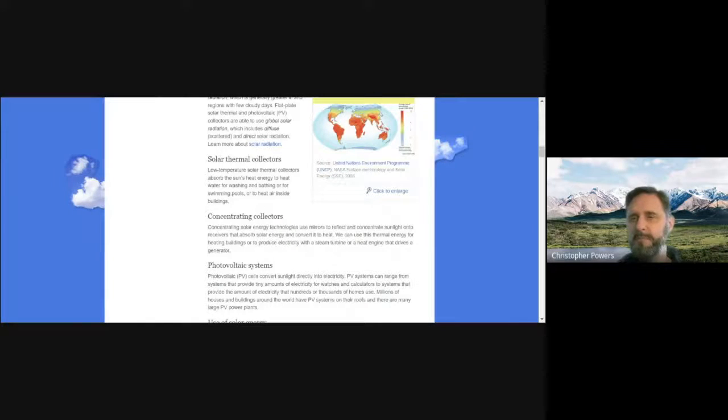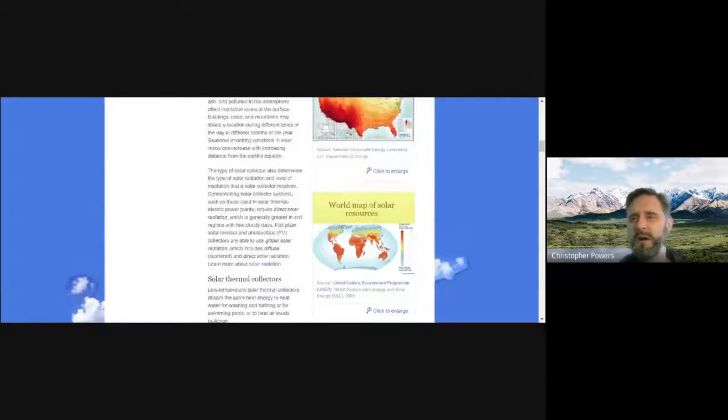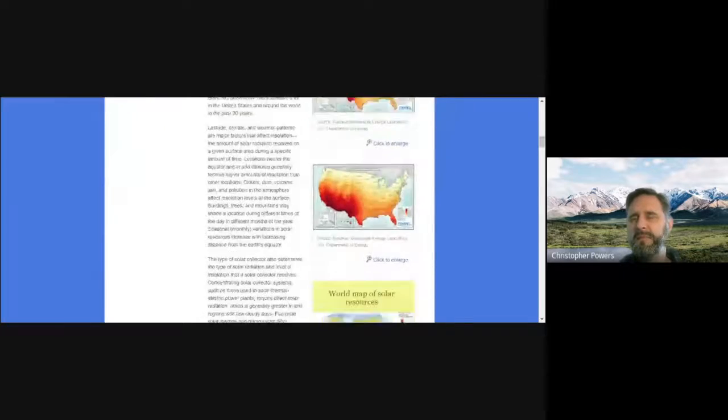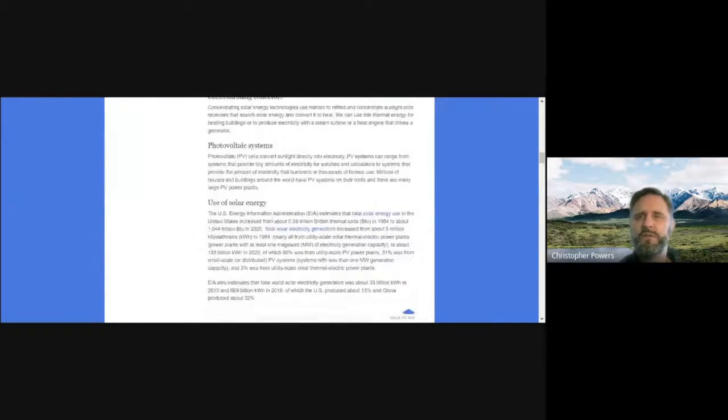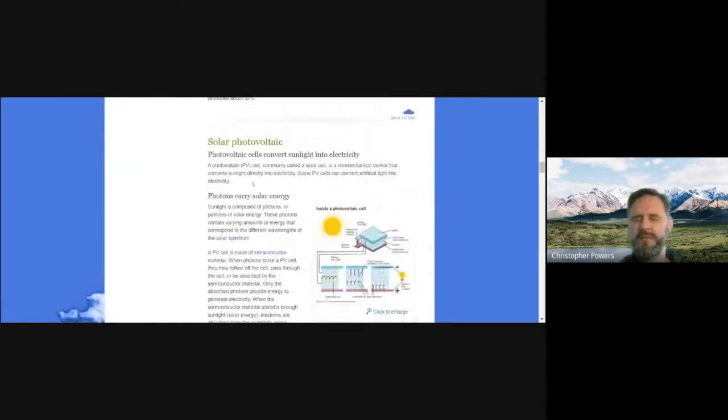All right. So, solar thermal collectors, I have concentrating collectors. What are these? Well, this is kind of the way we use it and how we use it. We have photovoltaic cells, and that kind of thing to capture or use the sun.